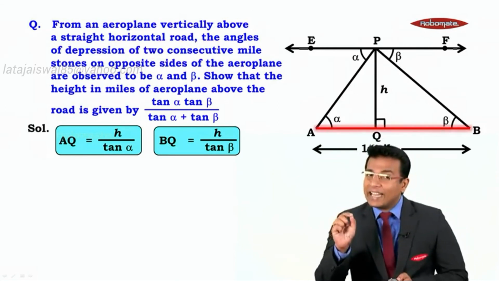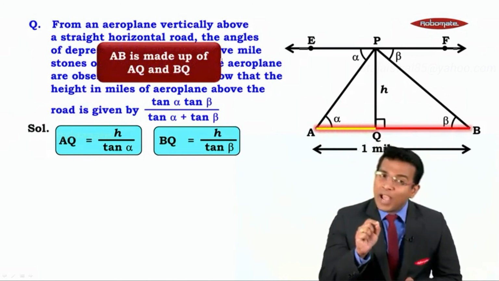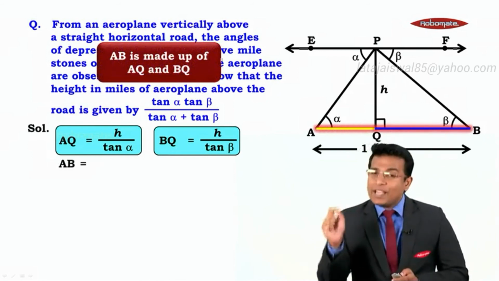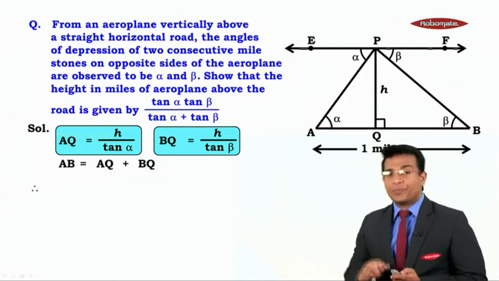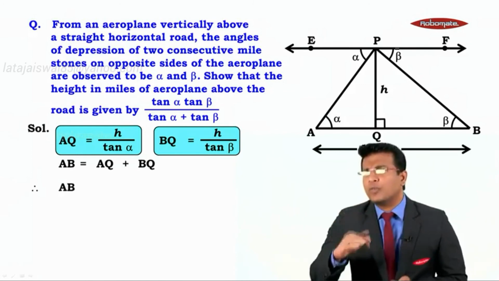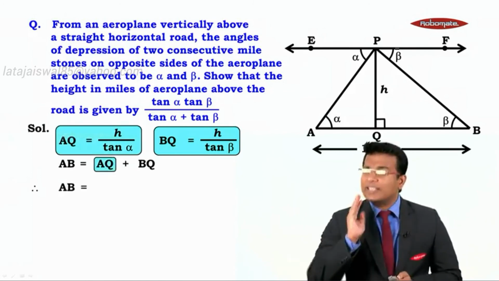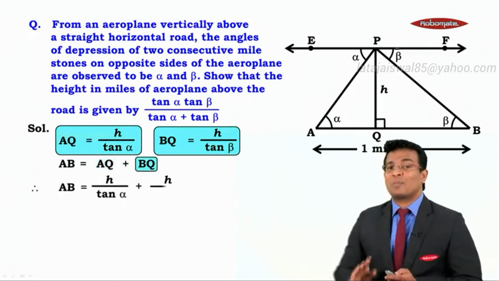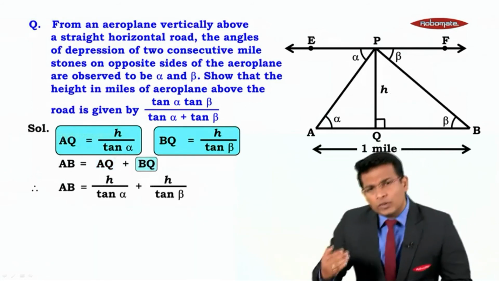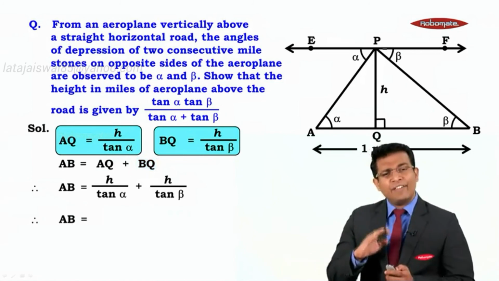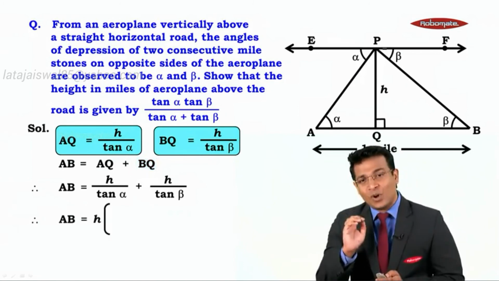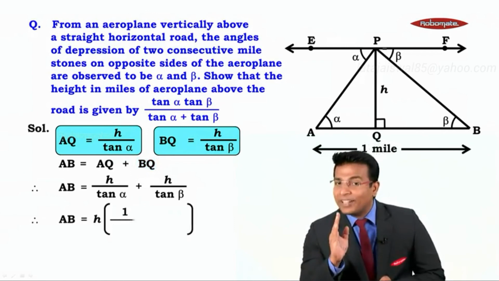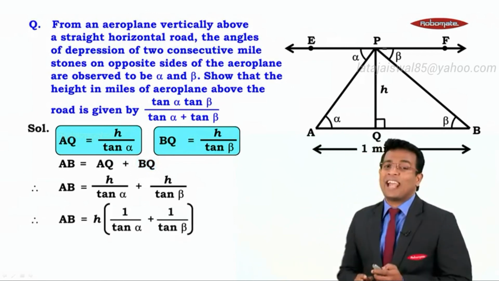So now we can see that AB is made up of AQ and BQ. So we can write AB is equal to AQ plus BQ. AB remains as it is. We'll substitute the value later. The value of AQ is H upon tan alpha, and the value of BQ is nothing but H upon tan beta. So now solve it further. On the right hand side, we have H common. When we take H common, in the bracket we'll have 1 upon tan alpha plus 1 upon tan beta.